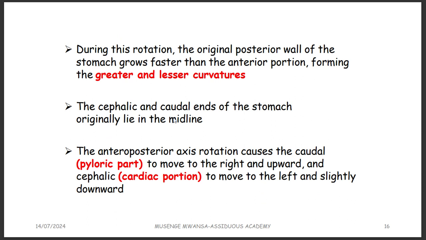The cephalic and caudal ends of the stomach originally lie in the midline, like they are the center. The beginning and the end of the stomach, initially they are in the center. The anteroposterior axis rotation causes the caudal end, remember the end of the stomach, that's the pyloric part, to move to the right and upward.